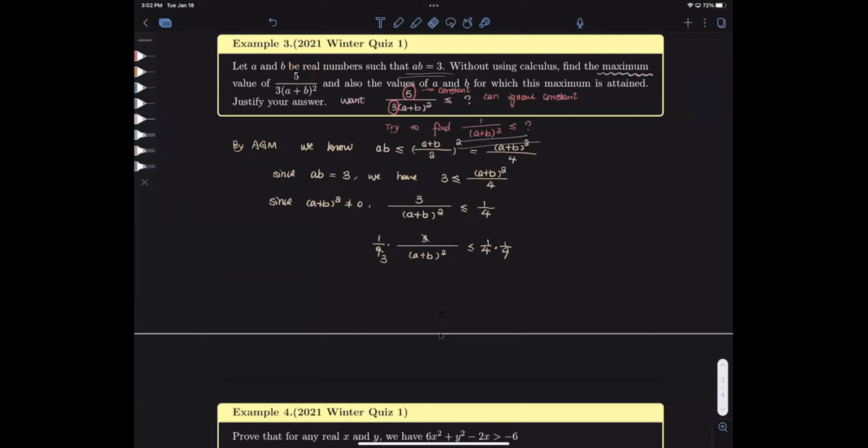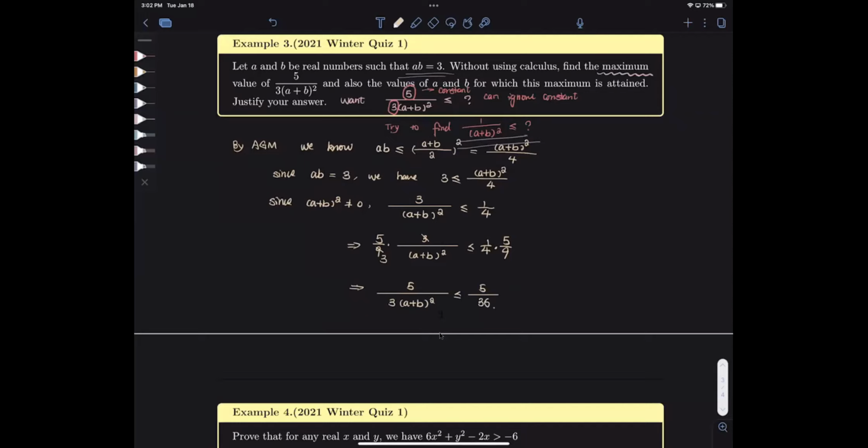So what we need to do is multiply by 5 over 9. Then I have a 5 here. So this will give me 5 over 3 times (a plus b) squared, which is less than or equal to 5 over 36.